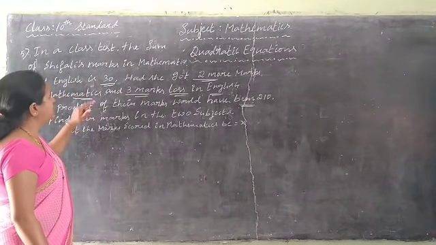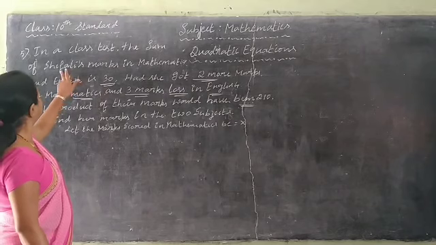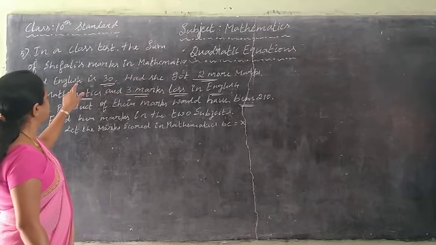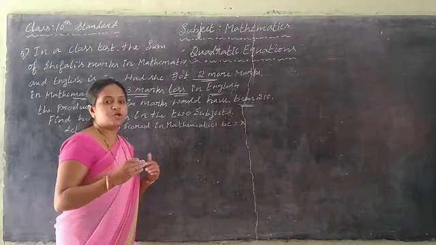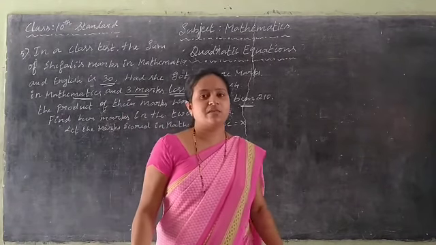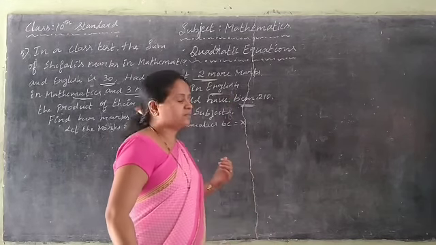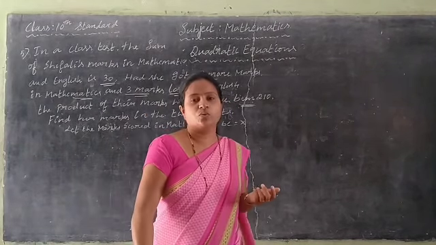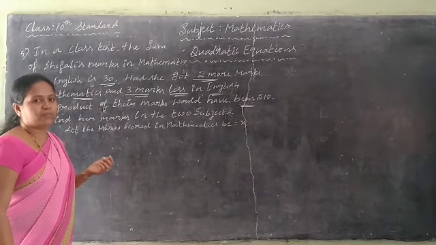If she got 2 more marks in mathematics, then it would be how much? 2 more means x plus 2, isn't it?